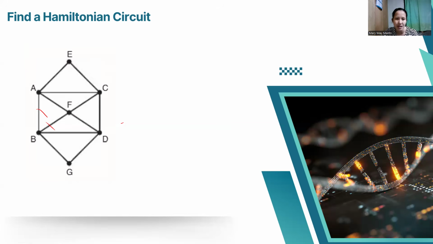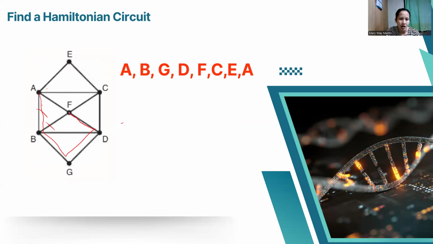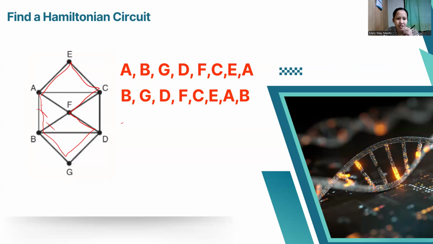So for this given example, Hamiltonian circuit, we will start at A. You try to trace it. So you start at A, B, G, D, F, C, E, A. We go back. Let's continue. There, we're back, similar to that. You can also try this path. Okay? This is also a possible path. Let's use a different color.